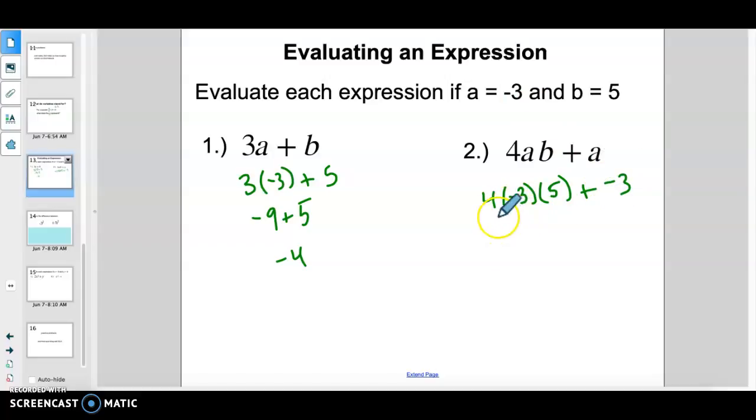So when I evaluate this, -3 times 5 is -15, and -15 times 4 is going to be -60, plus -3 is -63. Notice in multiplication the order doesn't matter. I could have done 4 times -3 first, or -3 times 5 first, as long as all of these 3 get multiplied together in the end.